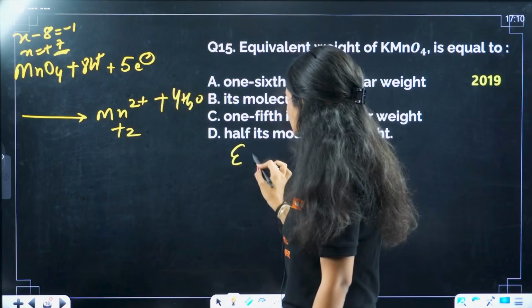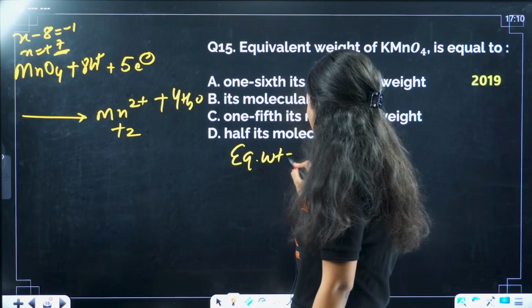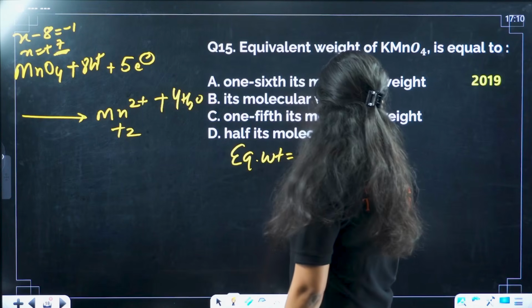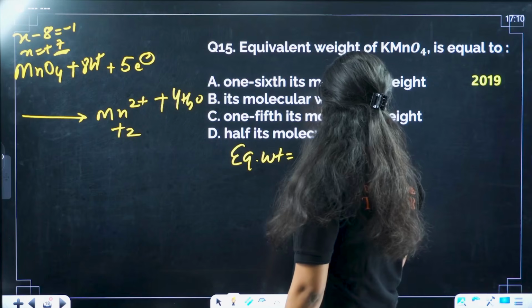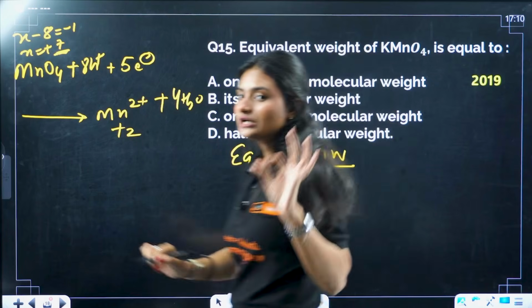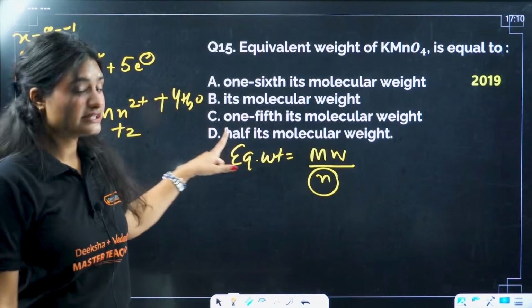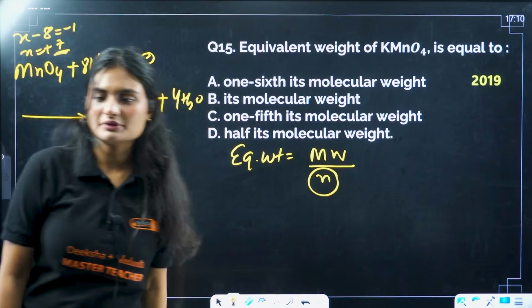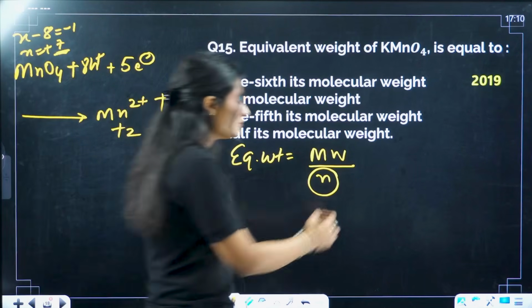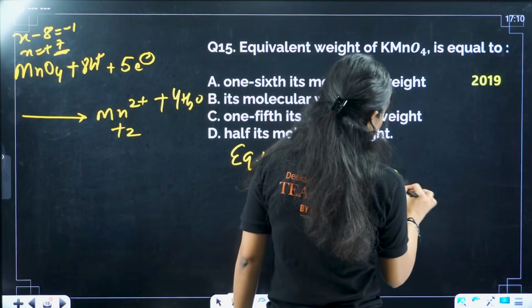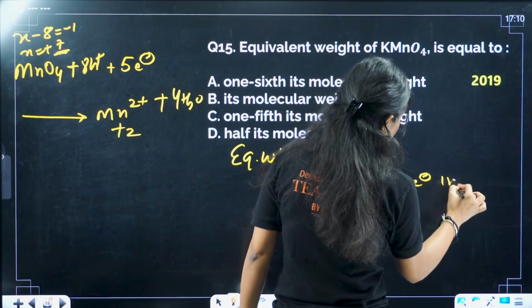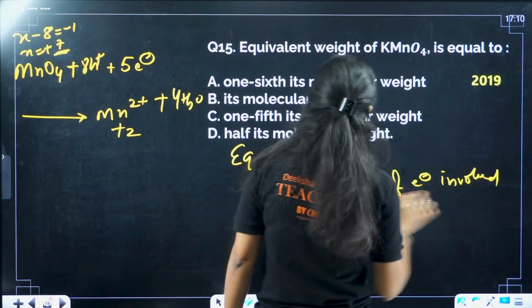In this case, equivalent weight is equal to the molecular weight divided by the N factor. For these kinds of redox reactions, where reduction or oxidation is happening, the N factor is equal to the number of electrons involved. In this case, how many electrons are involved?